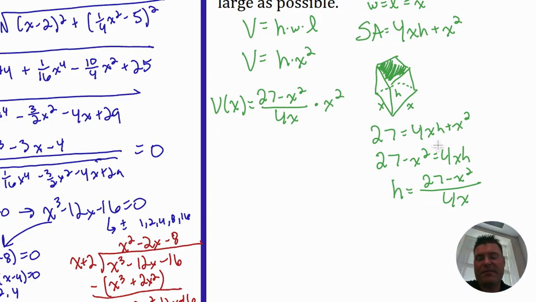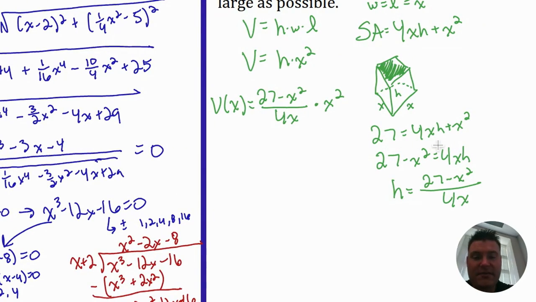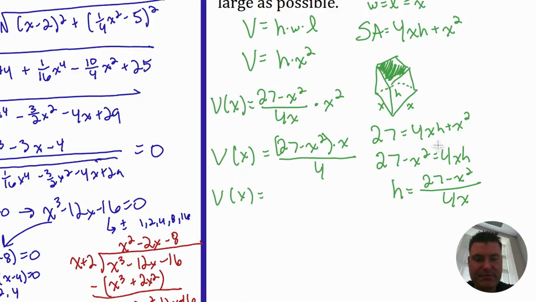Same thing that we had in our previous problem, let's rewrite it so that it looks nicer before we take the derivative. This one's not too bad. I'm going to have these x's cancel out from the denominator. It's going to leave me with 27 minus x squared times x all over 4, and this distributes to be 1/4 times 27x minus x cubed.